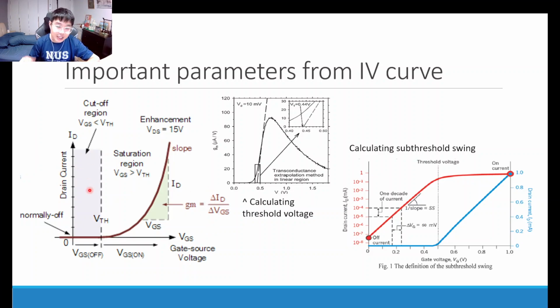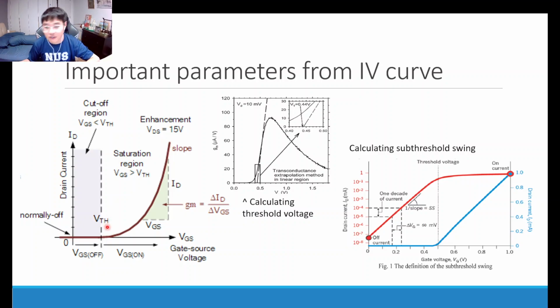So the important question to ask is, how is the threshold voltage defined? Because even though it seems like a sudden change over here, of course it is a continuous graph. So we still need to define a certain cutoff point or a certain algorithm by which we can define the threshold voltage with a consistent definition that can be applied for all cases.